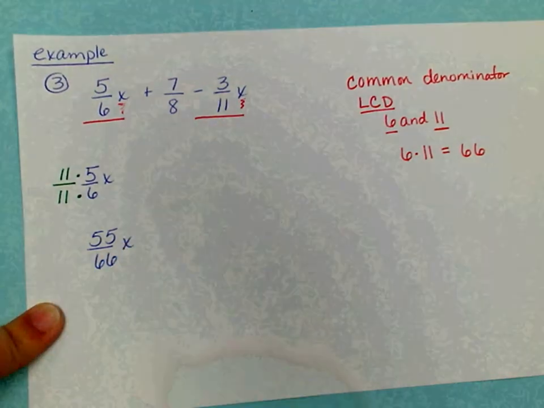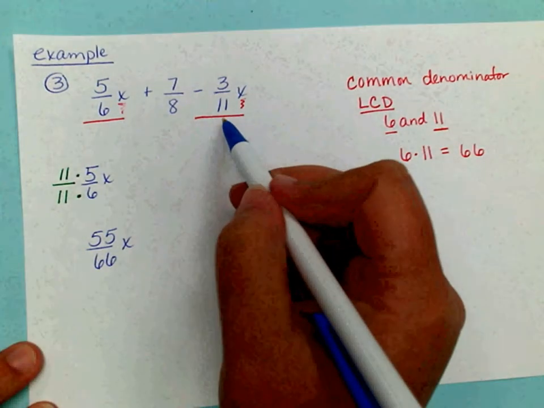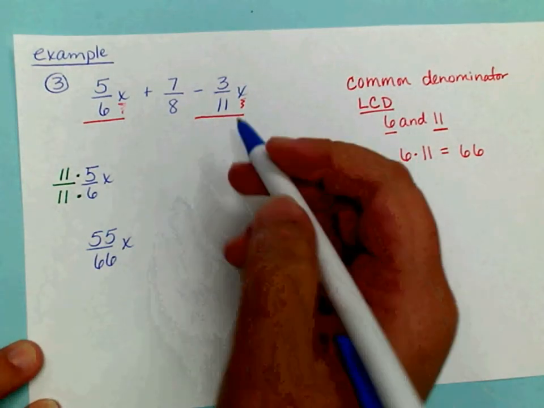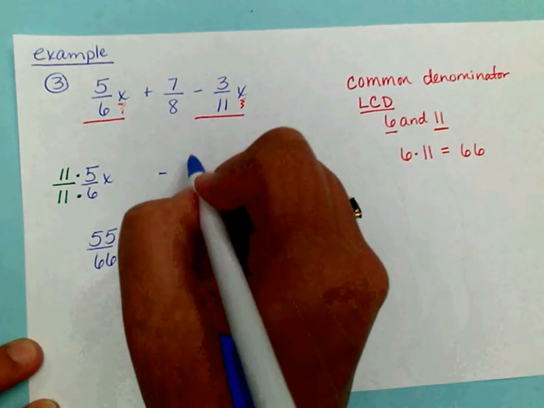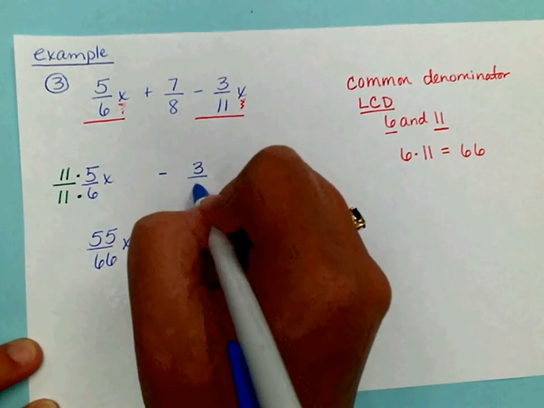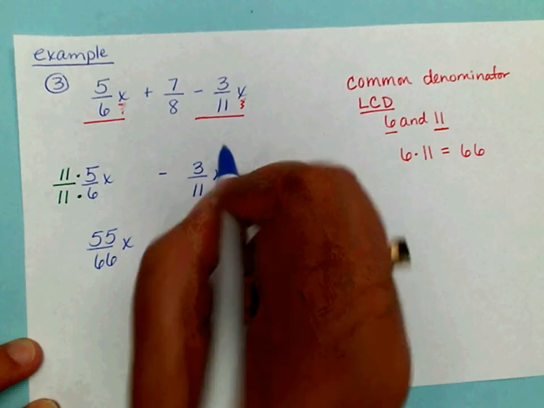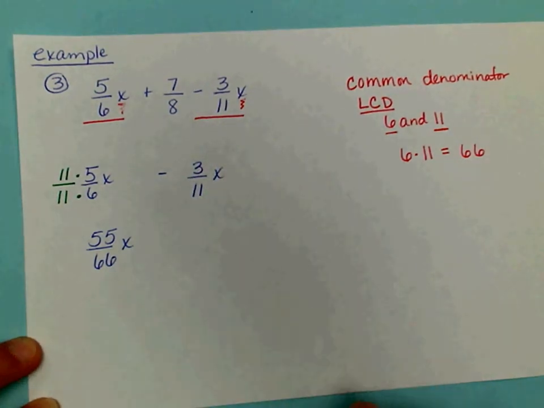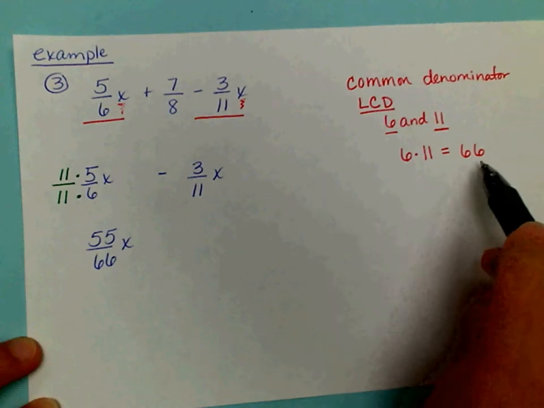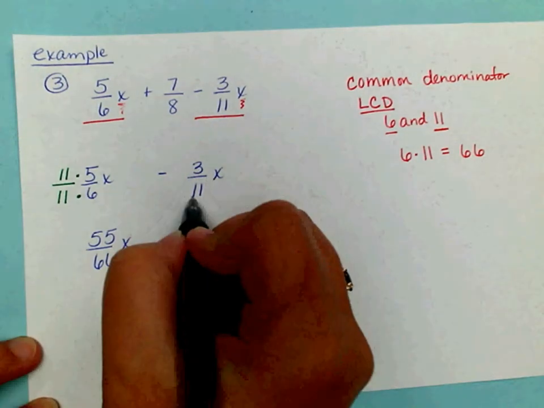Now I'm going to go ahead and take the next fraction and bring it down. Remember, it's got the minus in front of it, so it's still a negative. But we have the 3 over 11 times x. But to be able to subtract these two fractions, they have to have that common denominator of 66. So notice the 11, we have to multiply it by 6.